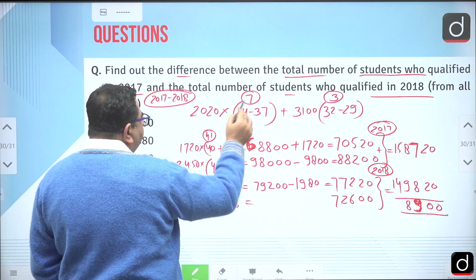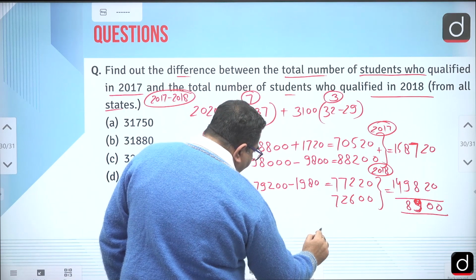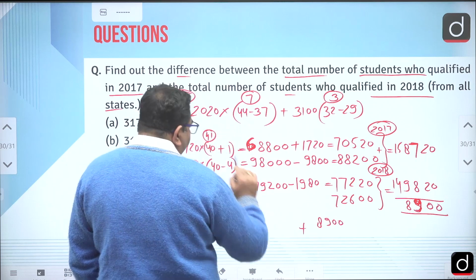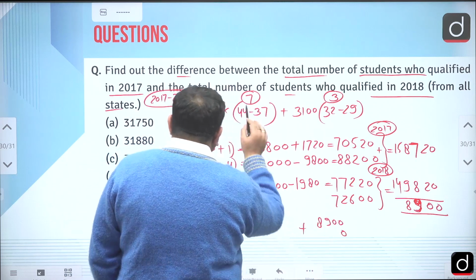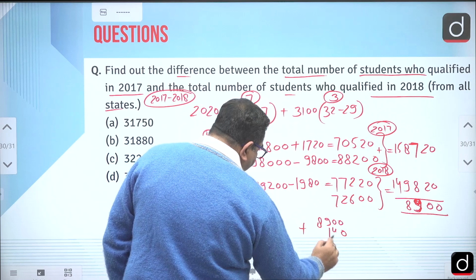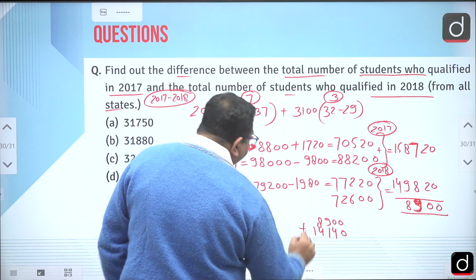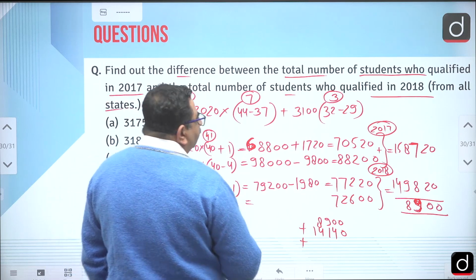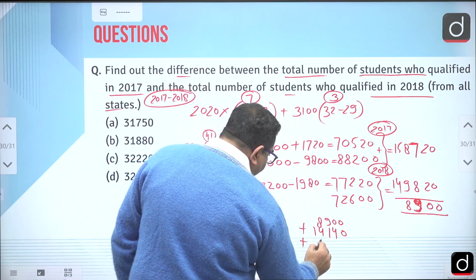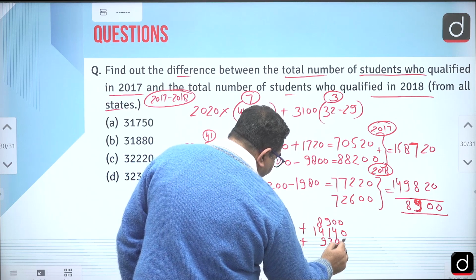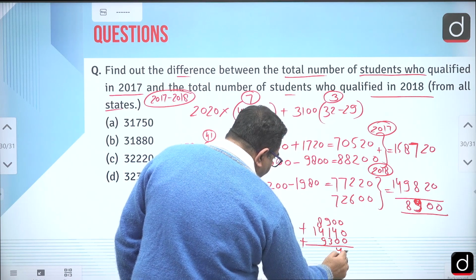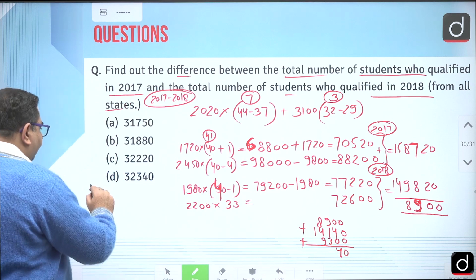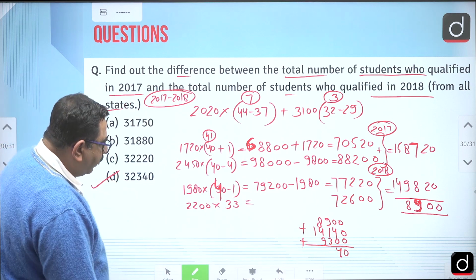So 7 into this, so we can add all of them, 8900 plus 7 into this, this is 0, 7 into 2 is 14, plus this 3 times of 3100, so this is 9300, right? So if we add all of them, my answer should end with 40, right? So correct answer should be option D, right?